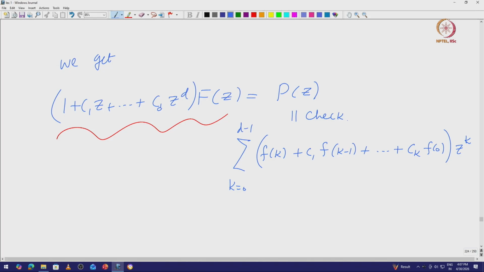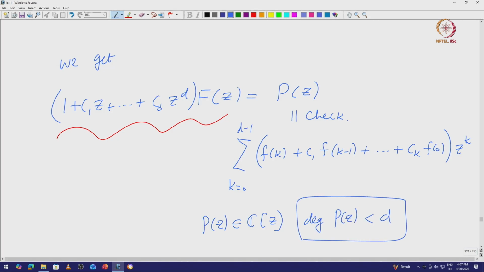but the most important thing is that this is a polynomial of degree at most d minus 1. So, the P of z is indeed a polynomial and its degree is strictly less than d. Here, by convention, we assume that f of minus 1 and so on is 0. Okay, that is assumed already.